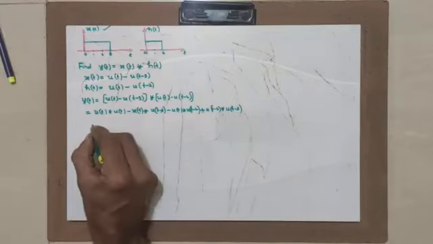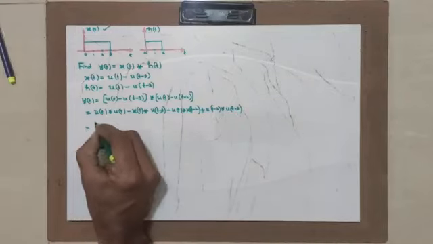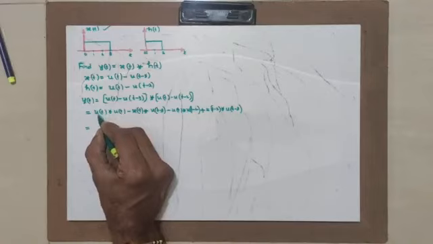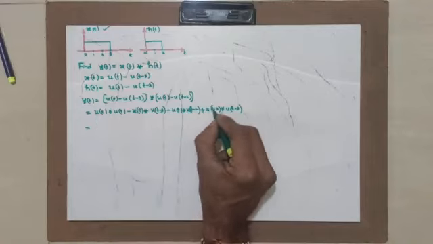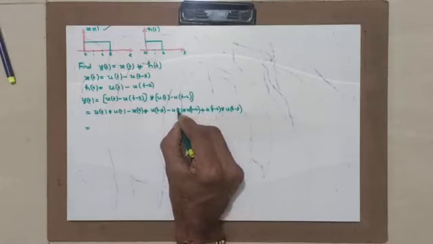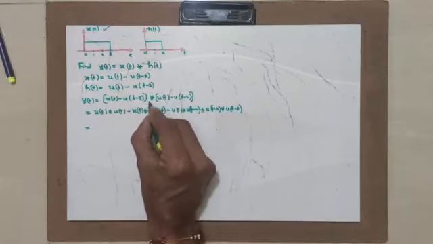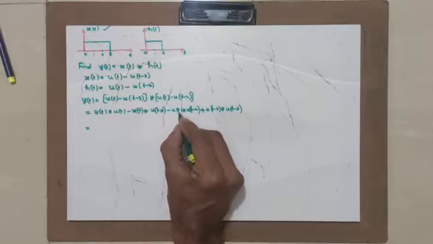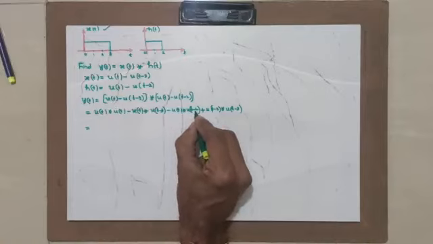Now at this point you have to see that whatever you are writing, try to write the u of t, the smaller one, first. I mean to say, when you are convoluting u of t and u of t minus 2, I have written u of t first and then u of t minus 2.